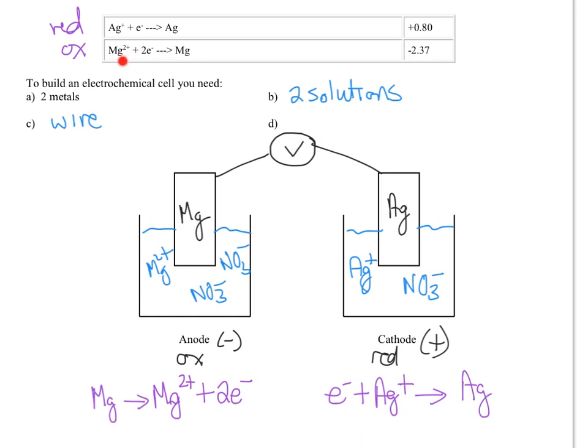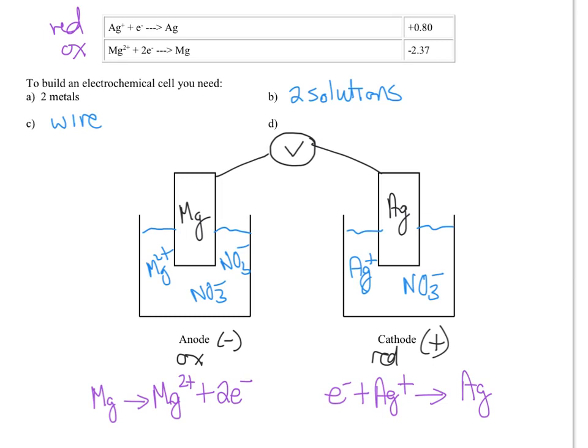For the magnesium one, this is a reduction equation, but the magnesium is getting oxidized. No problem, just flip the reaction. If it's being reduced, flip it, it's going to give you the oxidation reaction. So if you flip this reaction, you'd get Mg yields Mg2+ plus 2 electrons, which is what we came up with. So you can come up with the reaction, or you can just copy them down. Just be careful that if it's reduction, you keep it as is. If it's oxidation, you flip it. Let's also write the potentials here.